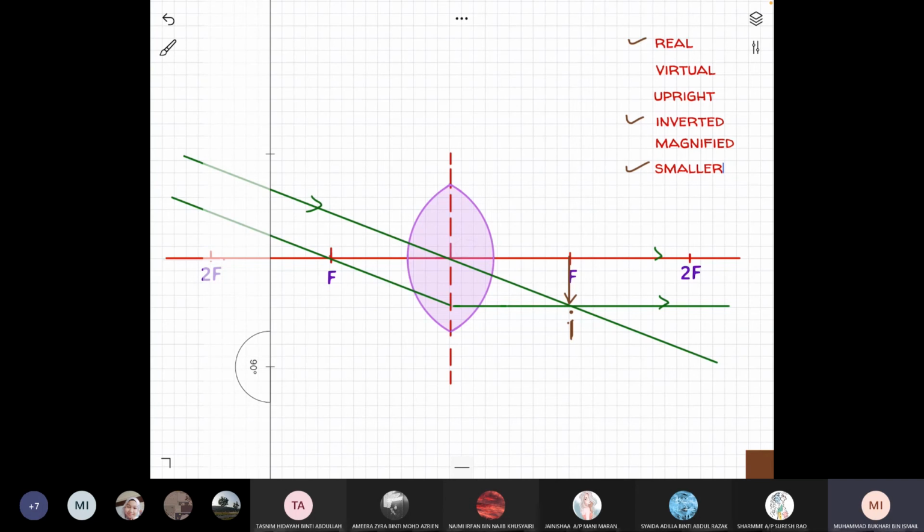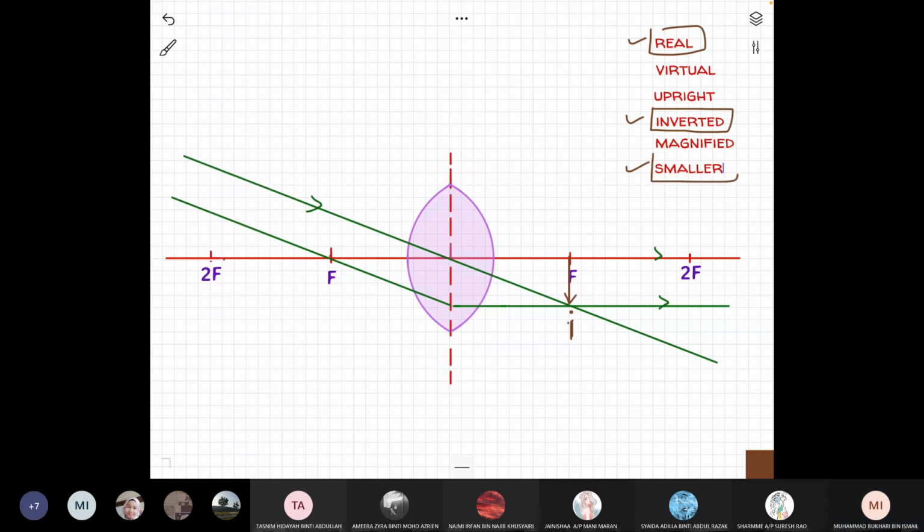So we have three characteristics of the image: it is real, it is inverted, and it is smaller, or sometimes called diminished. So this is the first case, object at infinity.